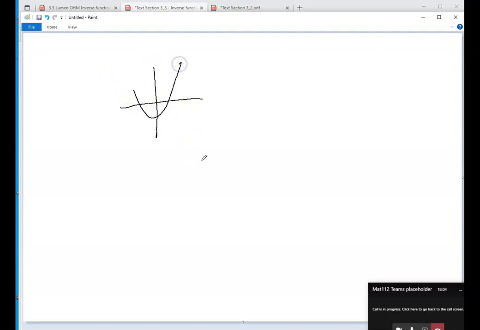How do we know it's a function? Remember our little vertical line test. If I have an x, do I get a known y, or is it questionable? Could I have multiple choices? So we did that vertical line test.